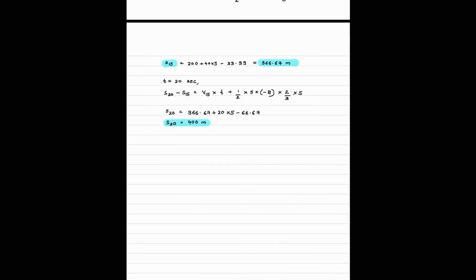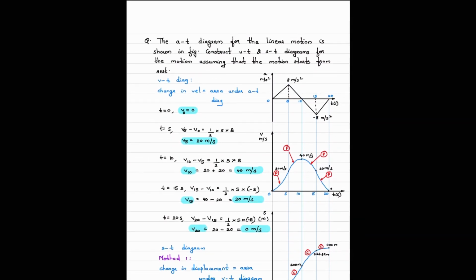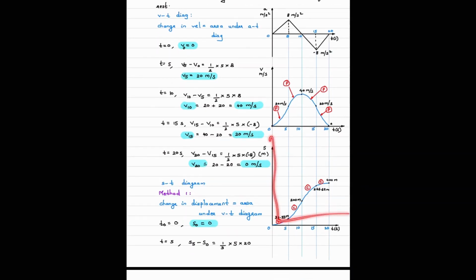So finally we have solved this numerical. The question was given on AT. We have to draw VT and ST. So we have drawn VT and we have drawn the ST diagram by method 1 and method 2. In both methods we are getting the same answer.